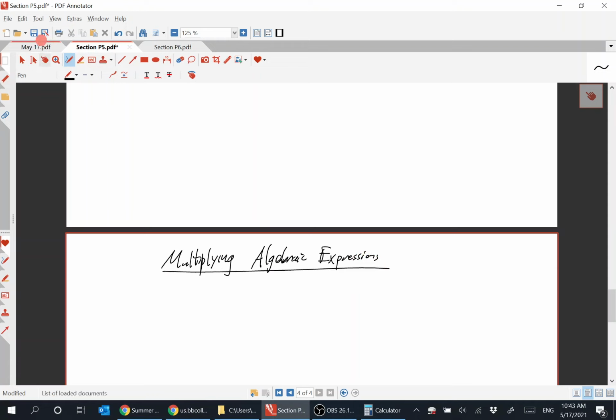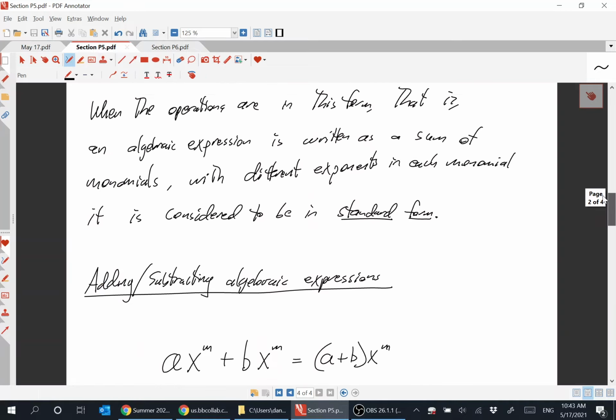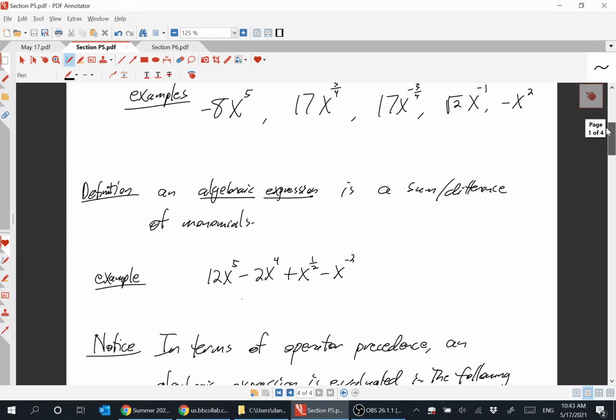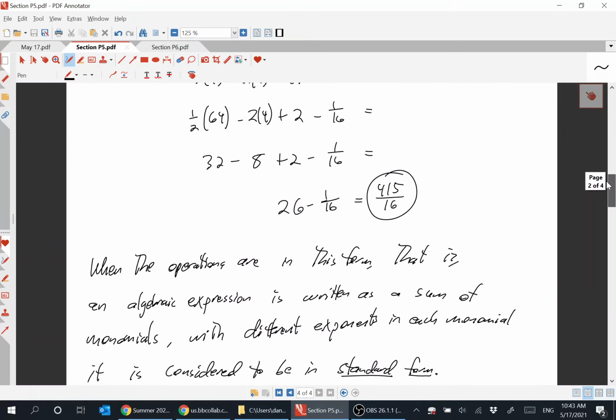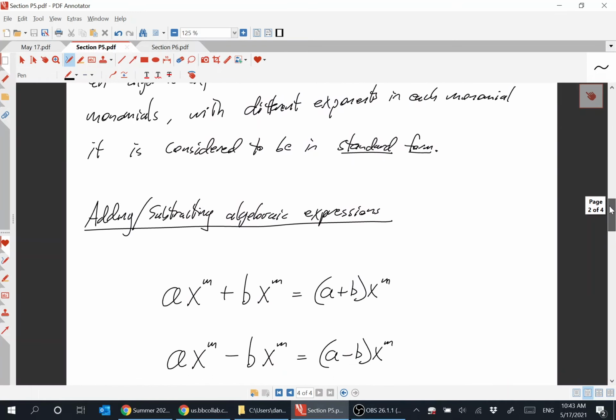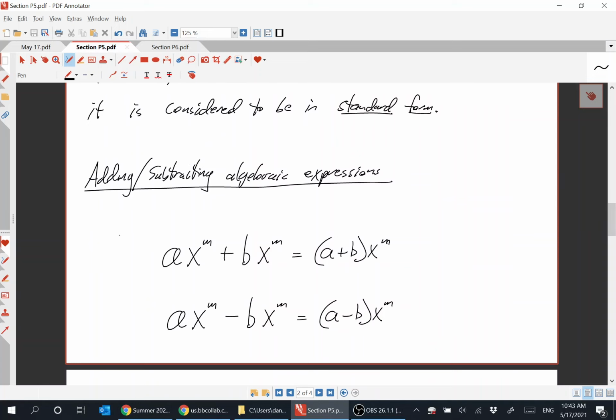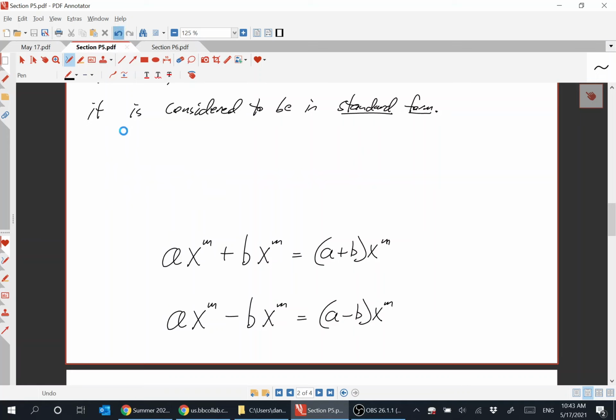Oh, by the way, I forgot to mention, when the exponents in an algebraic expression are all non-negative integers or positive integers, it's called a polynomial instead of a monomial. So let me put that here.